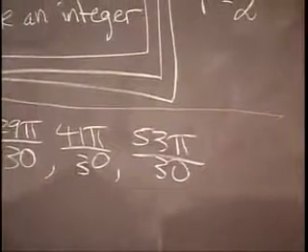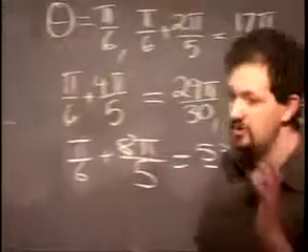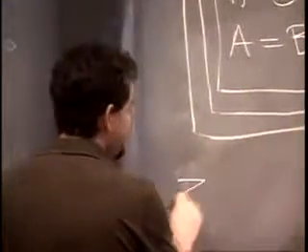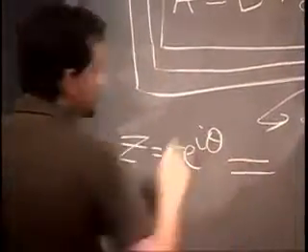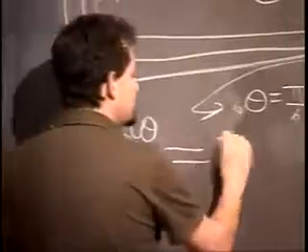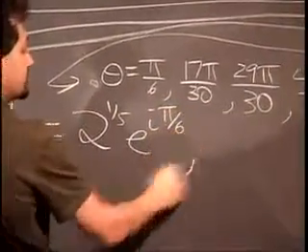Now, what's z? That's what we're supposed to find out. These are long problems, but we're right at the end of it. z is r e to the iθ. So we're going to have 5 solutions. The first is 2 to the 1/5 e to the iπ/6.